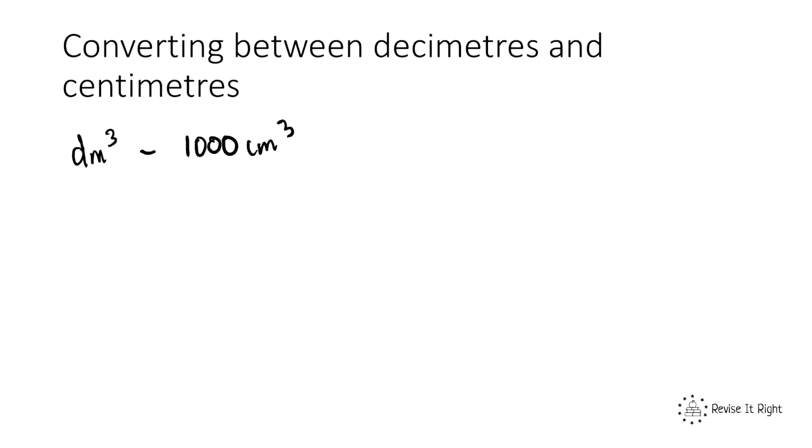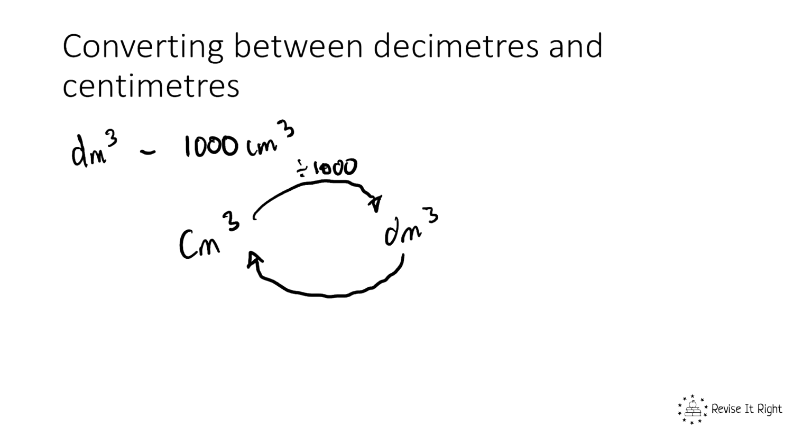To go from centimeters cubed to decimeters cubed, we divide by 1,000. And to get from decimeters cubed to centimeters cubed, we times it by 1,000.